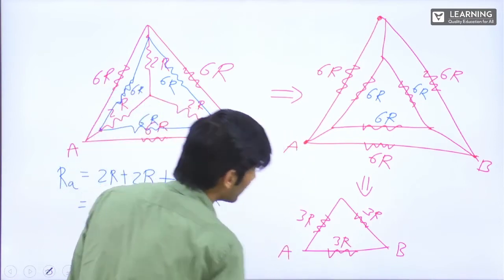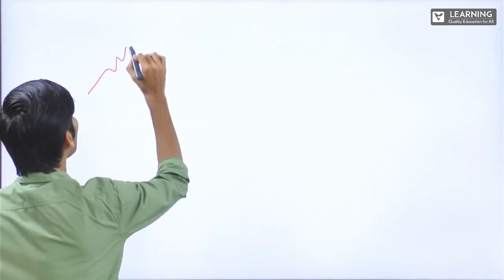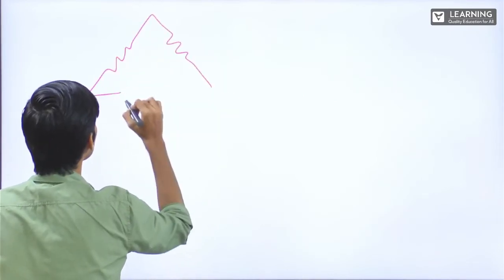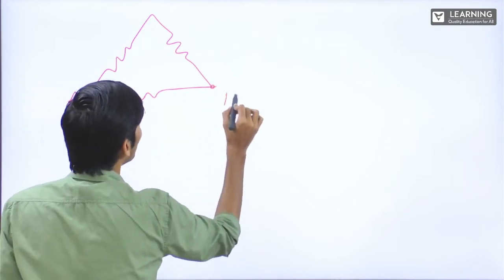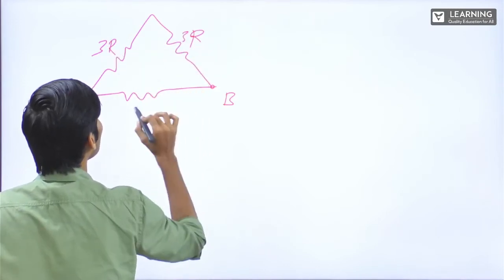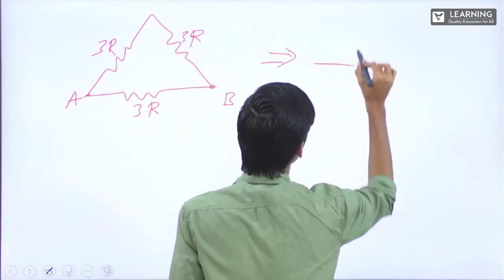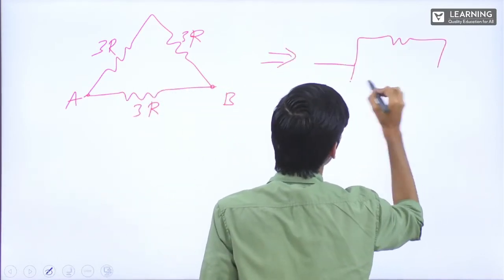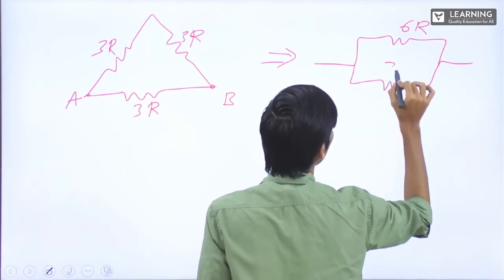Now we have to write the equivalent between A and B. From here there is no need to solve. You can solve it on your own. 3R, 3R. So this is 6R. This is 3R.